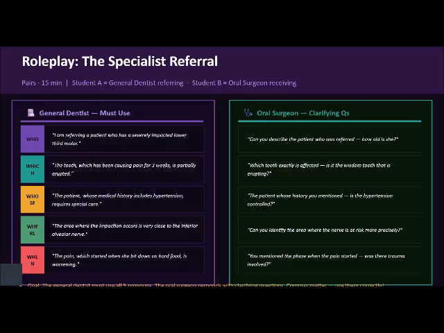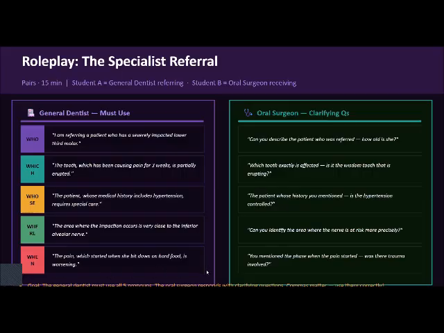The area where the infection occurs is very close to the inferior alveolar nerve. Good. Estrella. The pain which started when she bit down on hard food is worsening.